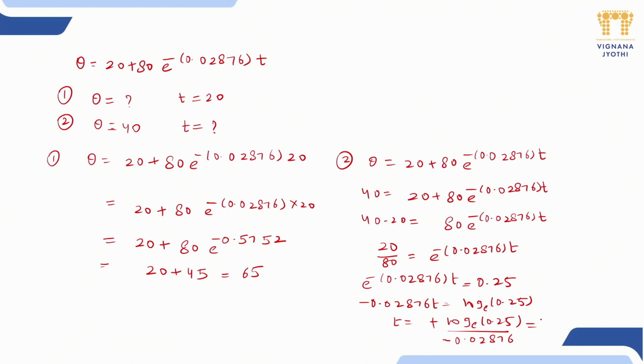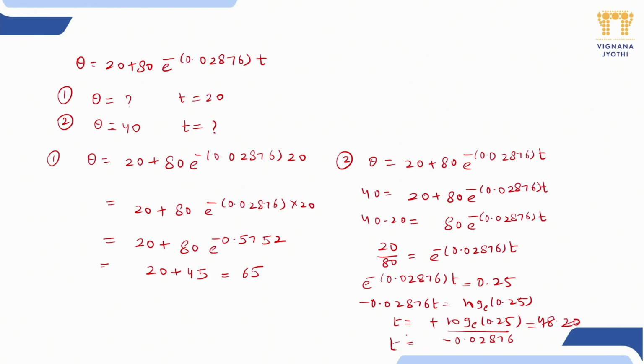Okay, we will get the time as 82.20. So whenever the temperature is 40, we are going to get the time. By substituting the value of log e 0.25, we are going to get the t value.